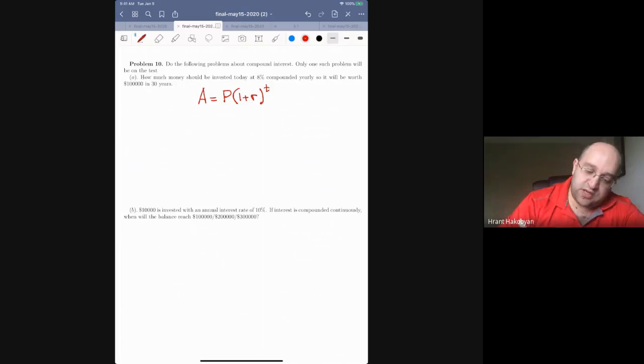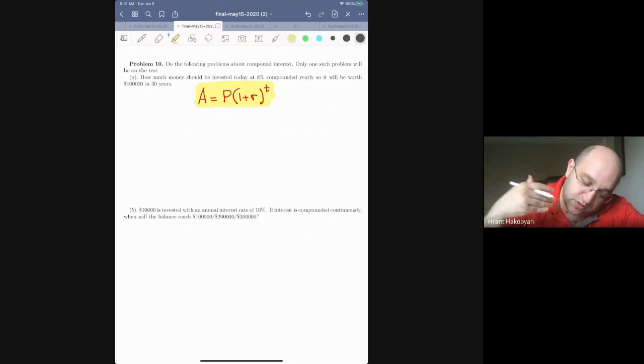That is the formula used for compound interest when we're compounding once a year. So what's A? That's the amount that you have at the end. P is the principal, that's the amount that you have in the beginning. R is the yearly rate, that's 8% in this case, and T is the number of years.